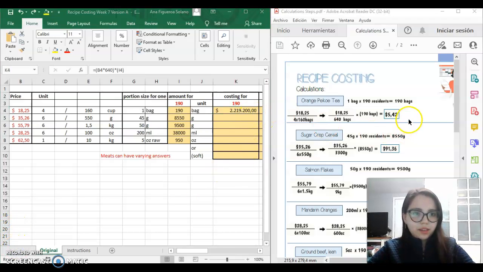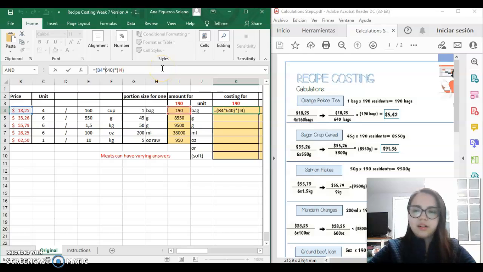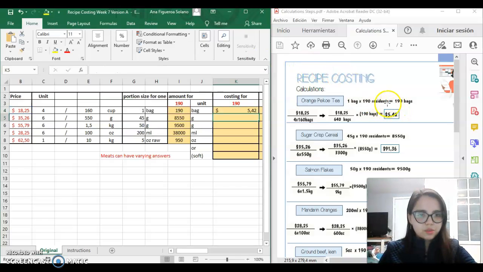So in this case, I got a really different result, and I realized that I made a mistake. You can check the formula, and the mistake is here. I pressed the multiply symbol instead of the division. So you're going to press divide and then enter, and it's going to match with the handwritten calculation.